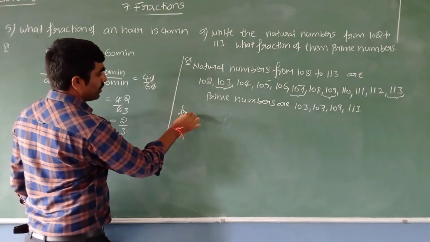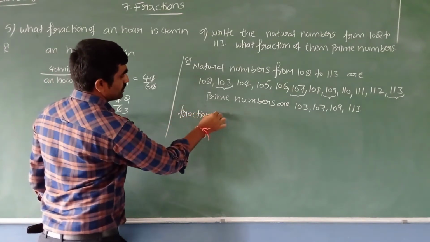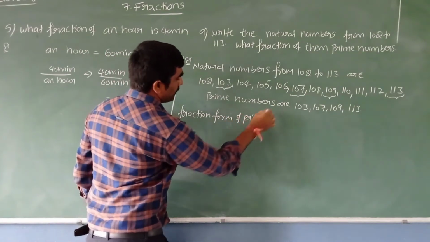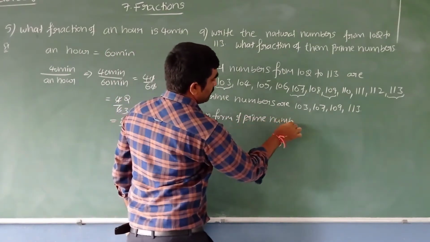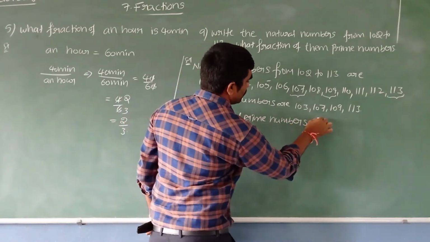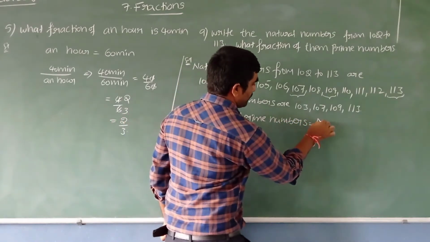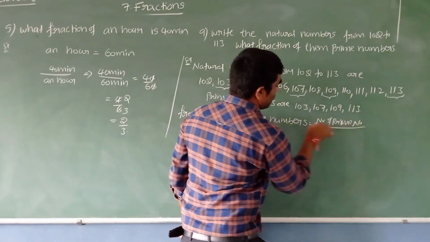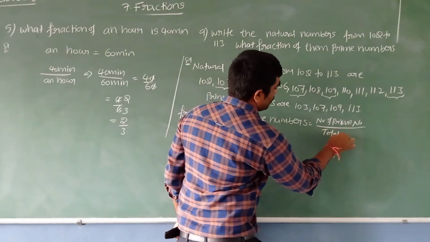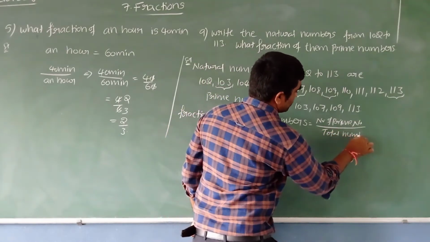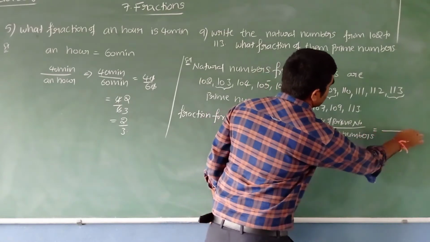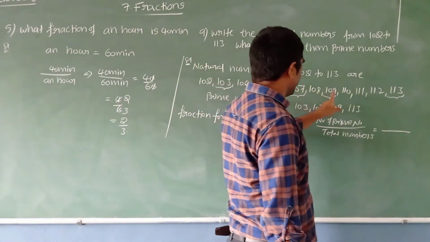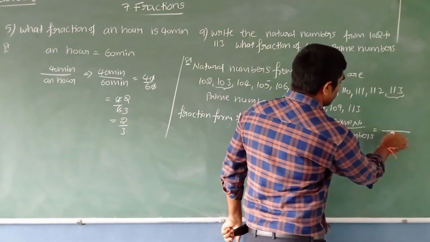Now we can write the fraction form of prime numbers: number of prime numbers by total numbers. Now count once. How many total numbers are there? 1, 2, 3, 4, 5, 6, 7, 8, 9, 10, 11, 12. In total we have 12 numbers.